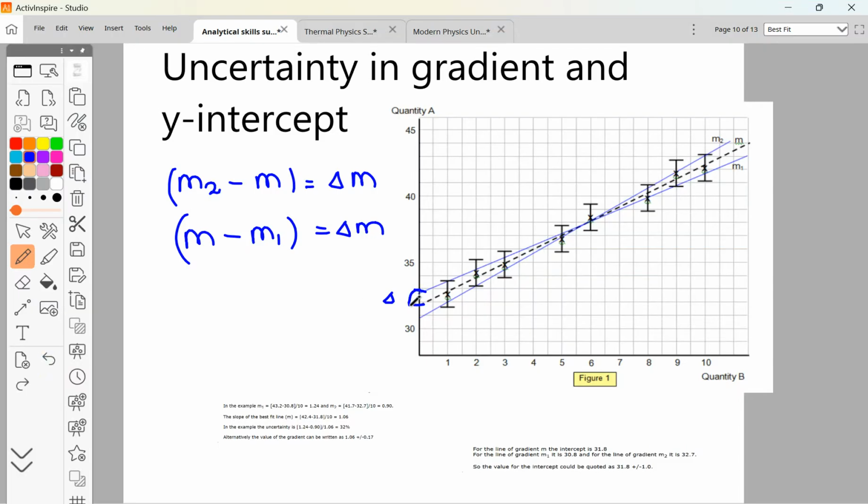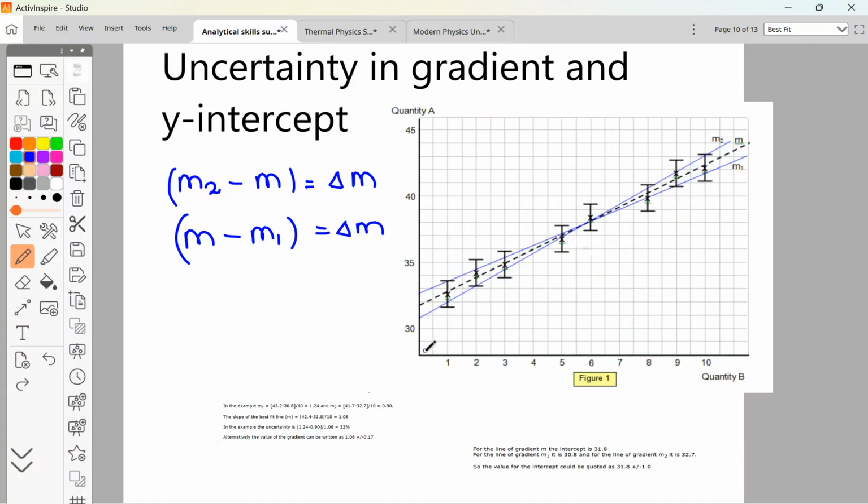If you use that big gap, then you have to remember, it's going to be the C value of M2 minus the C value of M1, and then you're going to have to divide that by 2, because then you're using the 2 worst, acceptable lines. Just remember that. Don't divide by 2 if you don't need to.